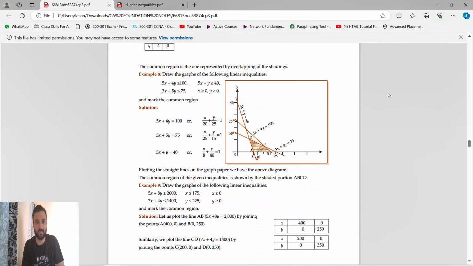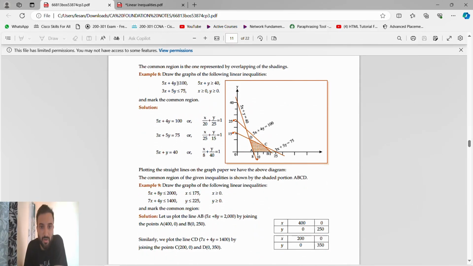Okay, this is example number 8. They have given the equation, you have to find the graph. First is lesser than. Lesser than, greater than. So guys, see 5x plus 4y is lesser than, so it is coming inside. Then this 3x plus 5y is also lesser than, it is coming inside.